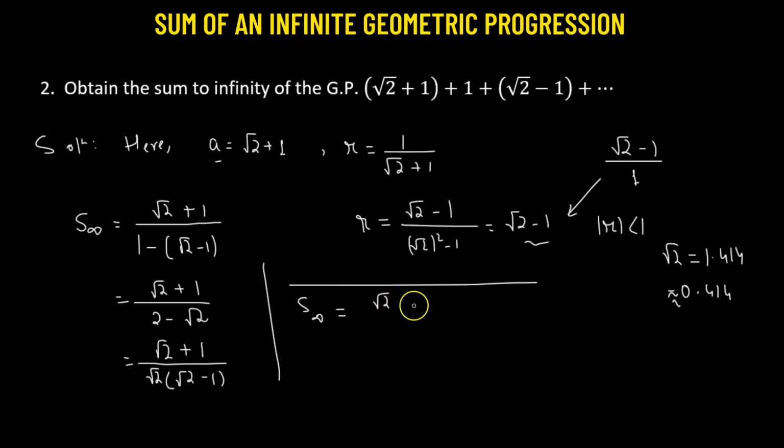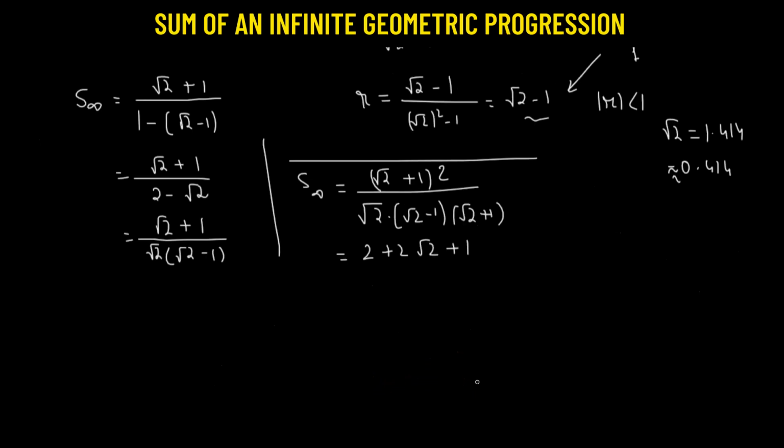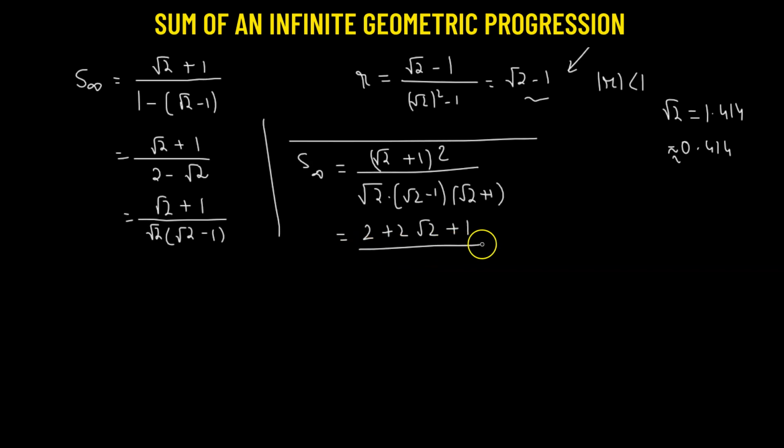So we have square root of 2 plus 1 whole squared in the numerator, whole thing divided by square root of 2 multiplied to square root of 2 minus 1 times square root of 2 plus 1, which will be equal to, so we have 2 plus 2 times square root of 2 plus 1 whole divided by square root of 2 multiplied to square root of 2 whole squared minus 1 squared. This is going to give us 3 plus 2 times square root of 2 divided by square root of 2 multiplied to 2 minus 1.